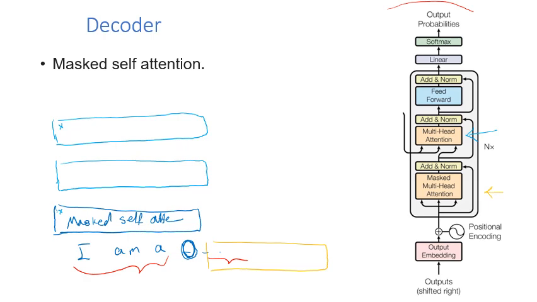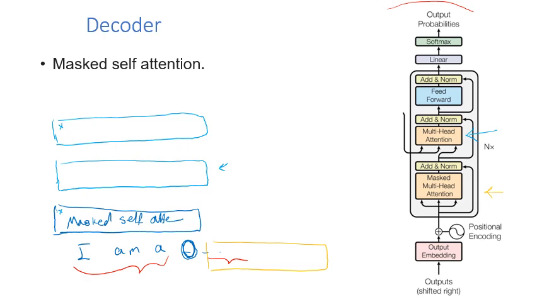So what is this new layer here? Multi-head attention. This new layer mimics the type of attention that we had in the sequence-to-sequence model. So it's not self-attention, it's attention between encoder and decoder.